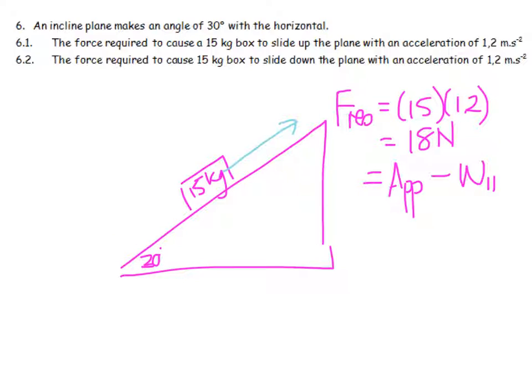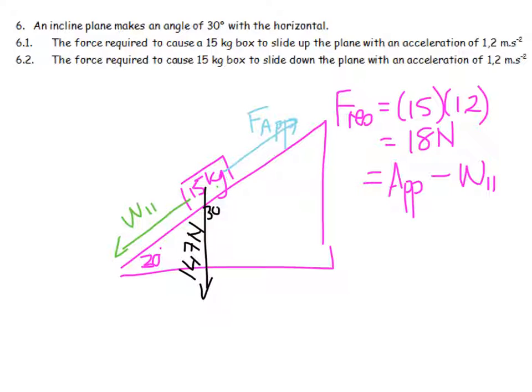One I'm going to apply, and the other one is going to be the component of weight that is down the slope. So that's weight parallel to the slope. I can work out the weight of this block, and it is going to turn out to be 147 newtons.